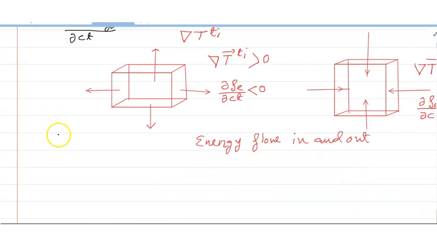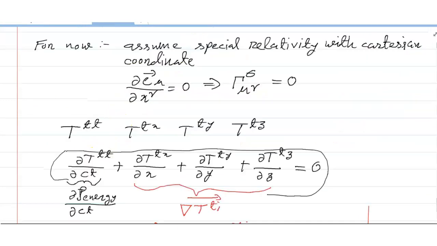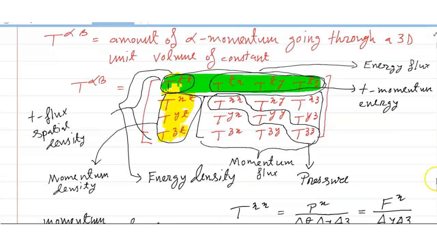Here, in the case of x momentum, it is called conserved. So friends, we see that the first row is a divergence.